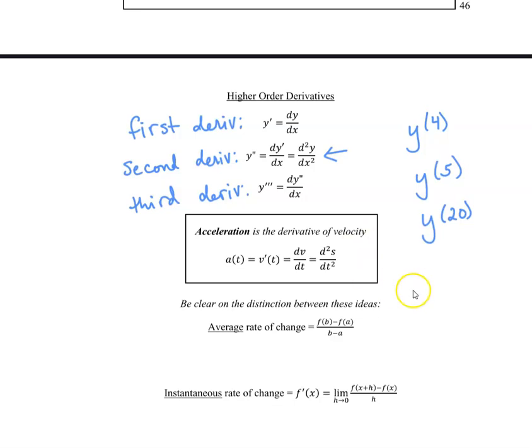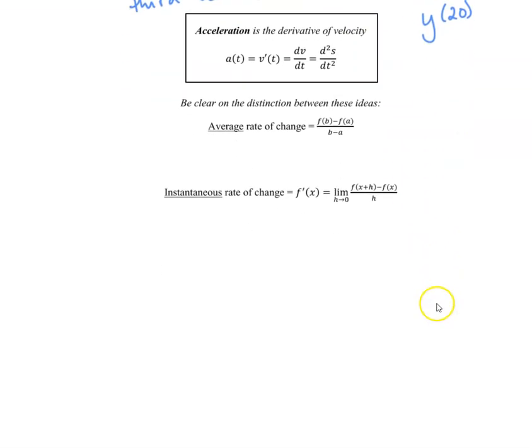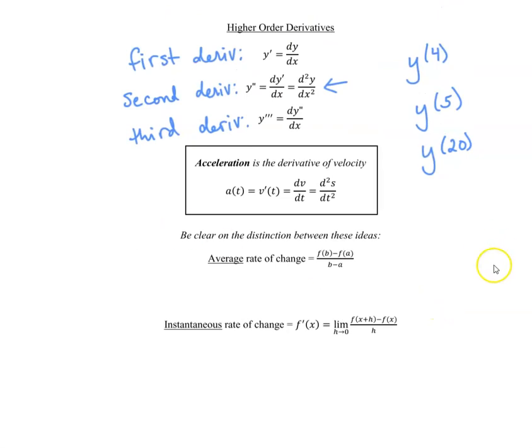So one practical application of the second derivative is the acceleration. And previously we have talked about position, and then the derivative of position, remember, is the velocity function. Well, now the derivative of the velocity function is the acceleration function. So if you've taken a physics class recently, you may remember your professors talking about the relationship between velocity and acceleration.